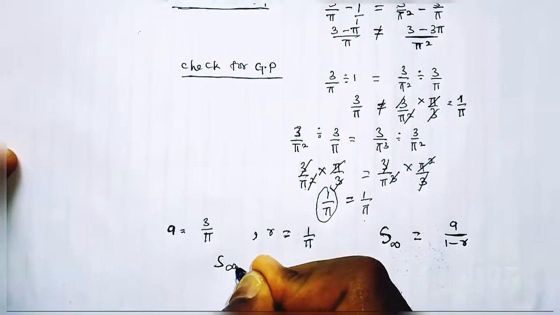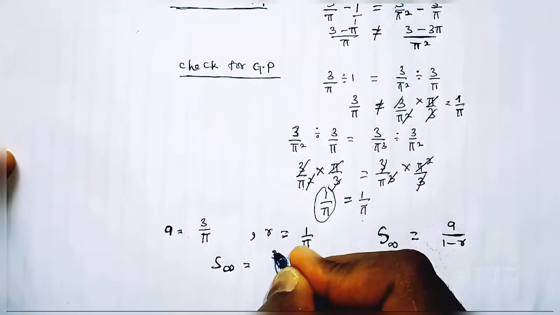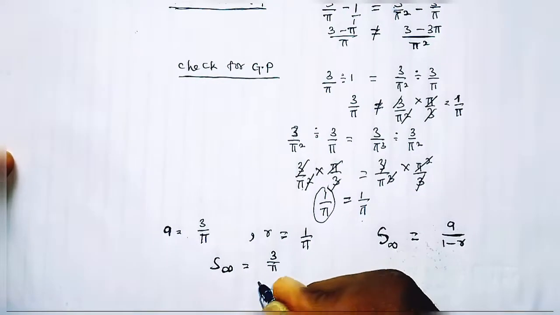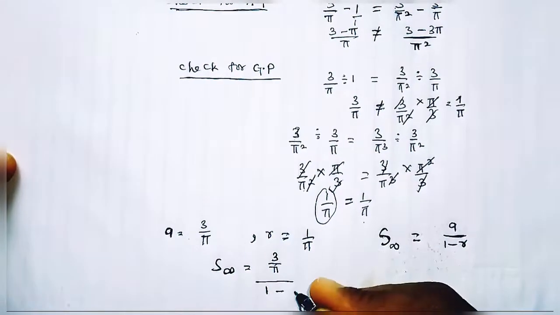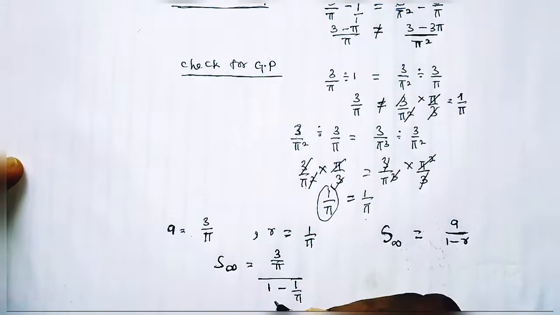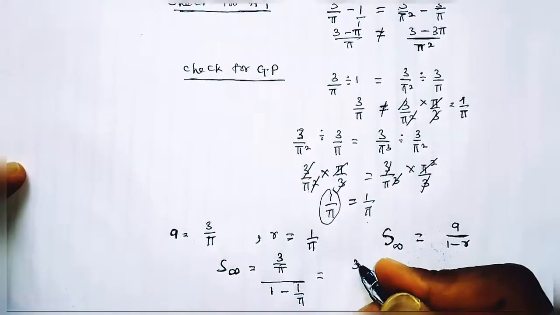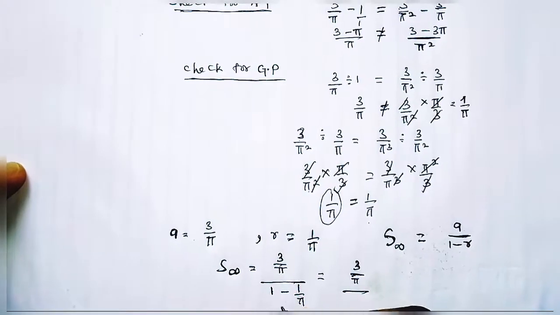So my S to infinity is equal to my first term, which is 3 over pi, divided by 1 minus my r, which is 1 over pi. Right? So this becomes equal to 3 over pi divided by 1 minus 1 over pi.